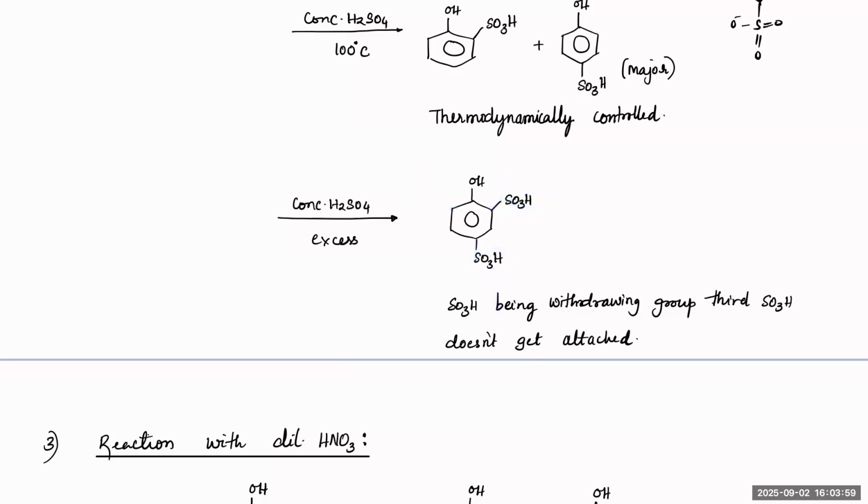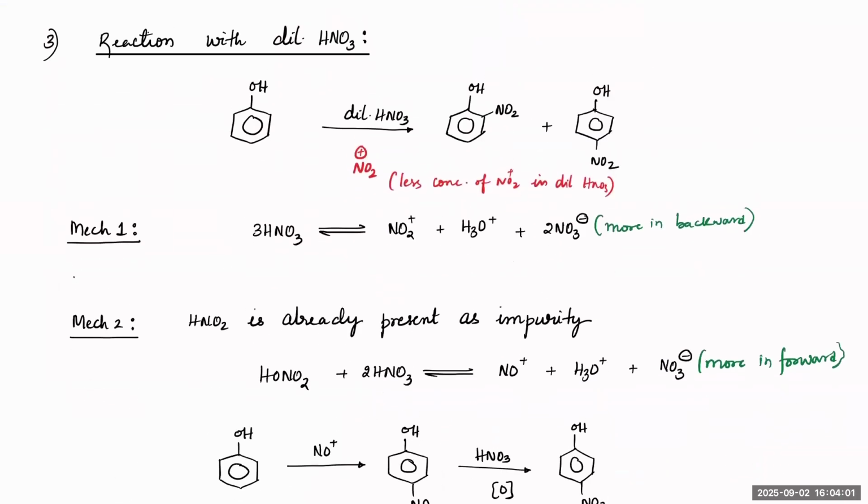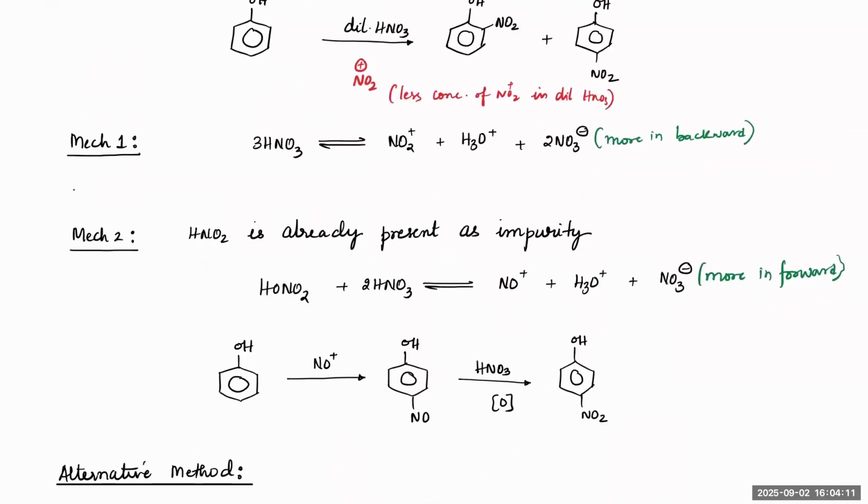If you react with dilute HNO3, you will get only one nitro being substituted either at ortho or para. There are two mechanisms proposed. One is that NO2 plus directly comes and gets attached at ortho and para.